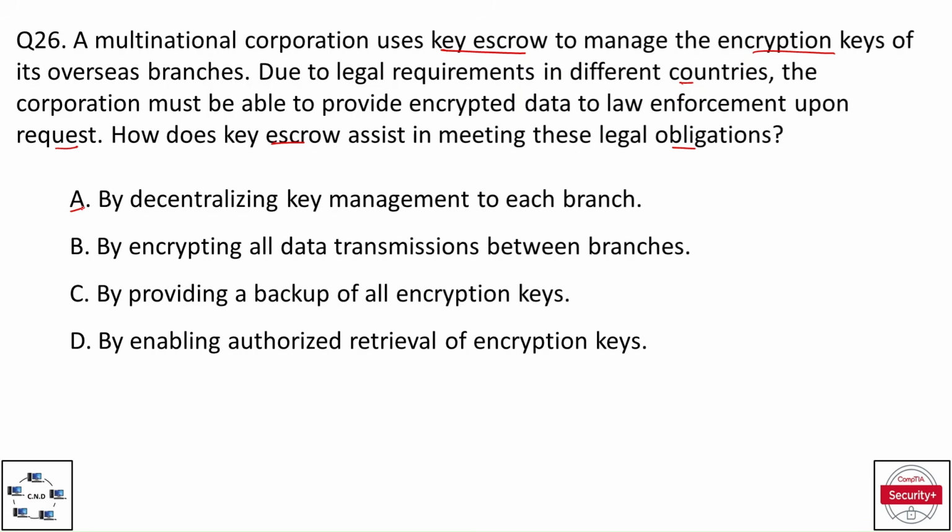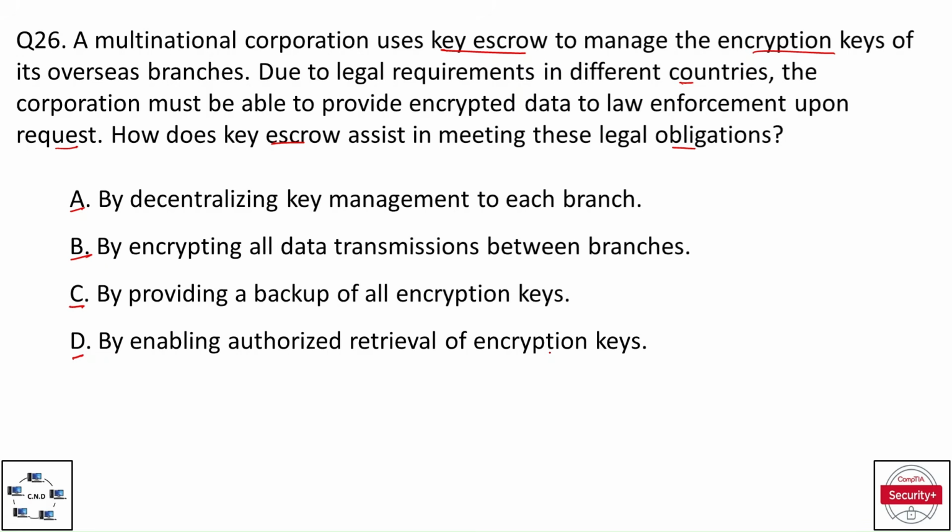The options are option A, by decentralizing key management to each branch, option B, by encrypting all data transmissions between branches, option C, by providing a backup of all encryption keys, and option D, by enabling authorized retrieval of encryption keys.